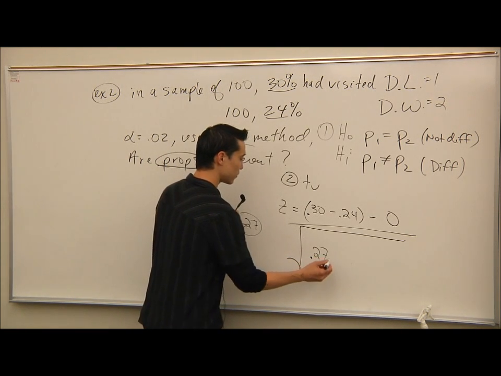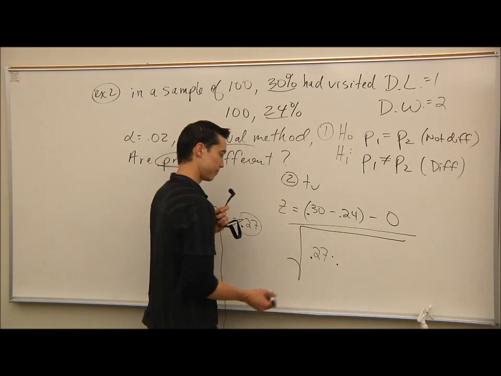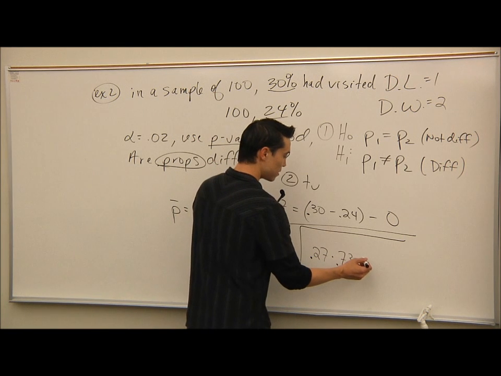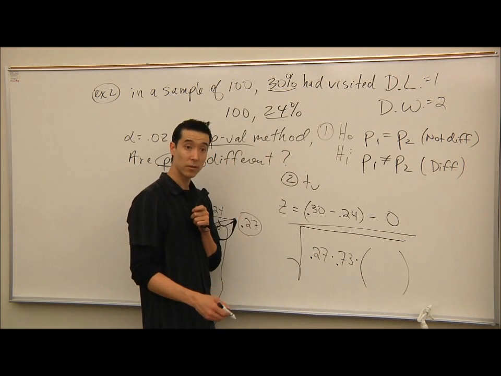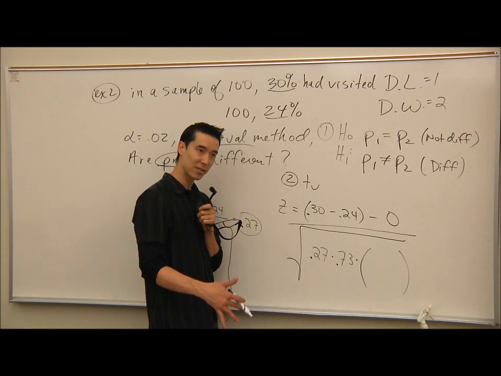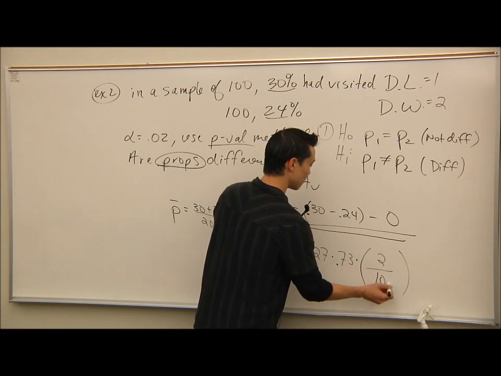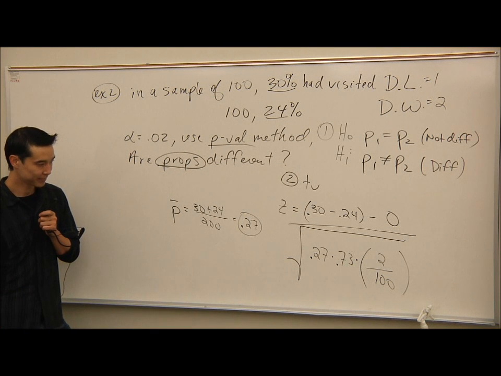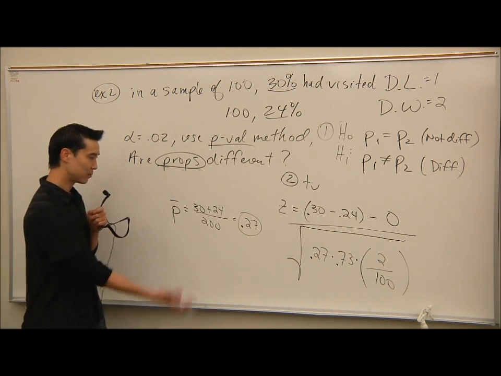And what is q-bar? 0.73, great. Then I have times 1 over 100 plus another 1 over 100, which is 2 over 100. Okay, so that works out really nice too. All right, plug that into your calculator.